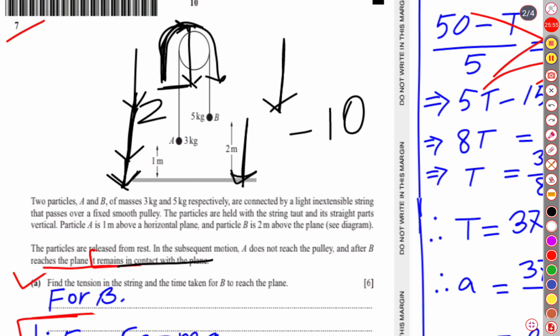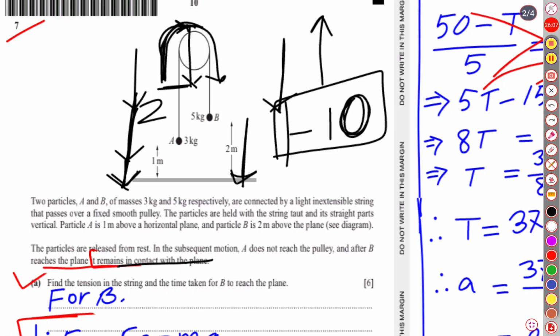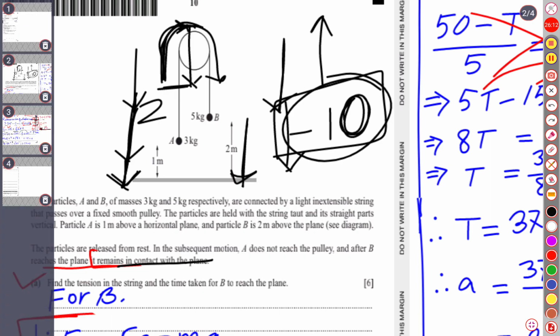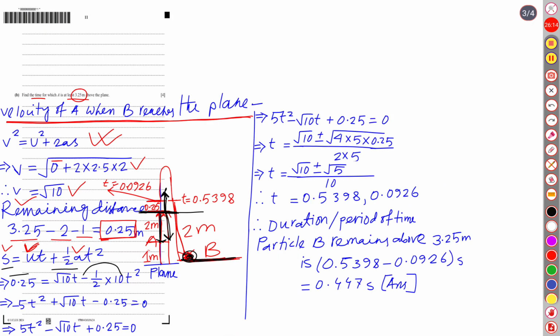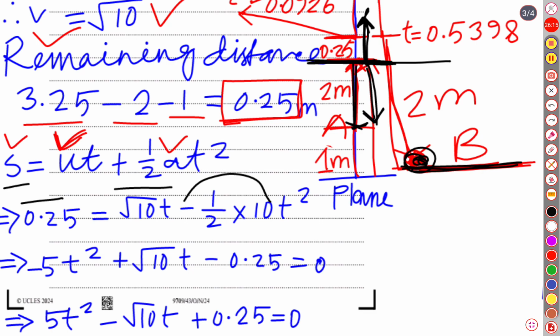There is no other force acting on this, only the acceleration due to gravity, and as the particle is moving upward and the acceleration is acting downward, that's why this is negative 10. We have multiplied by negative 10. So you have understood why I have used this negative 10, because the acceleration due to gravity is pulling it downward.